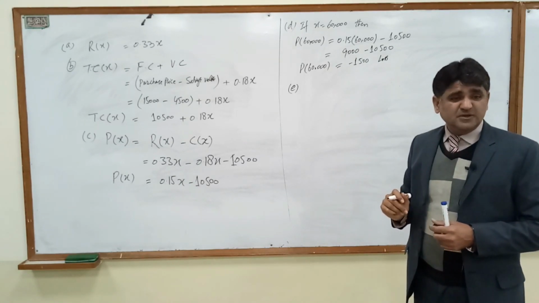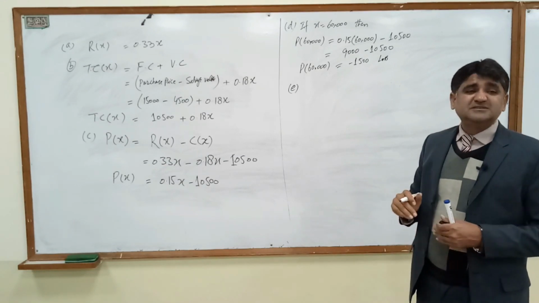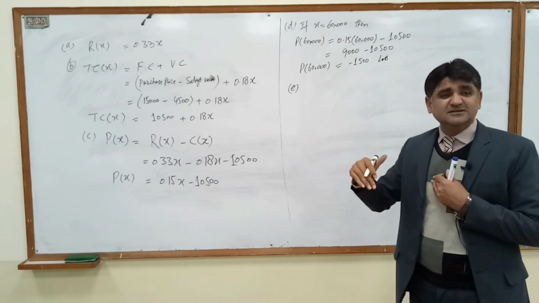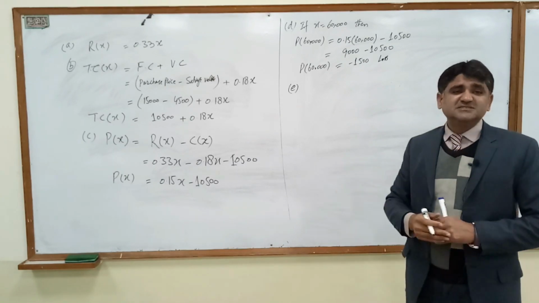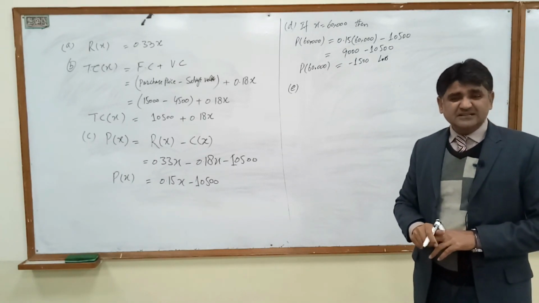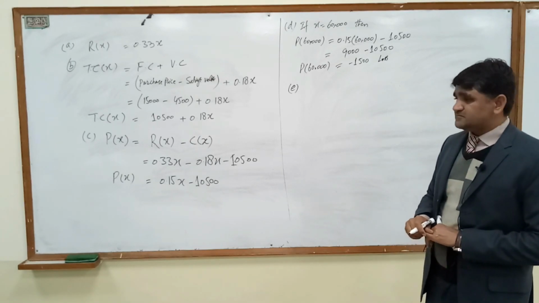If they drive more than 60,000, then their loss can be minimized. But we have to find how many miles they have to drive to bring the profit equal to 0. That means a break even, no loss, no profit.